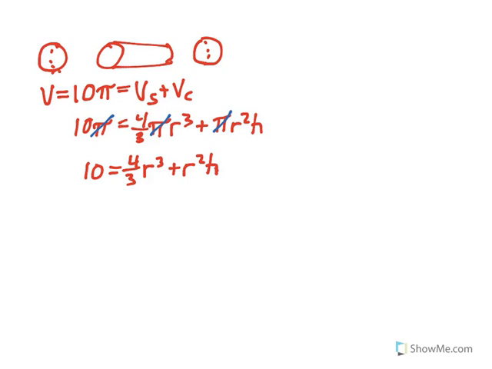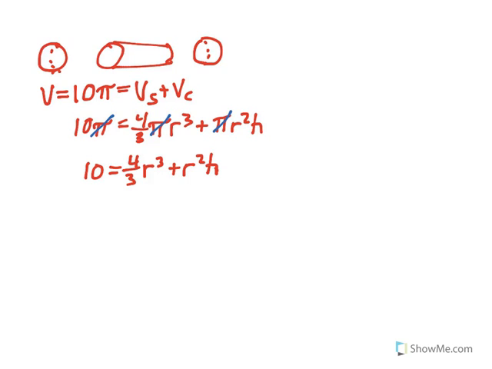So it really doesn't matter which variable we eliminate, r or h. So let's just look at this equation and figure out which variable is easier to isolate. Well, r shows up in two different places with a different exponent. So isolating r, getting r on one side and known quantities and h on the other side of this equation, is going to be pretty difficult. So instead, let's try isolating h.